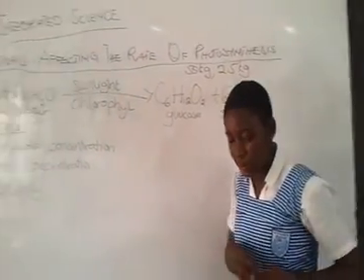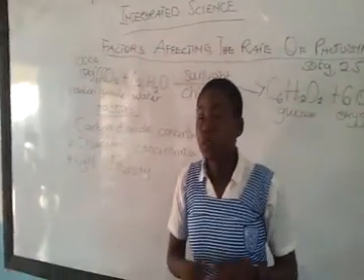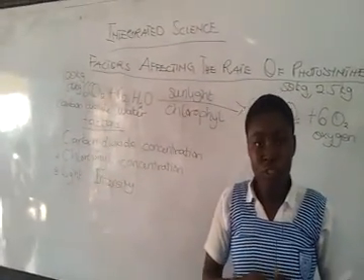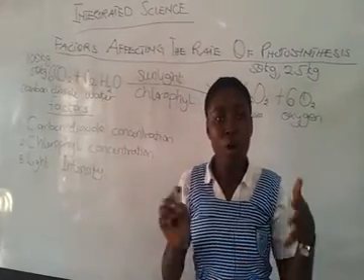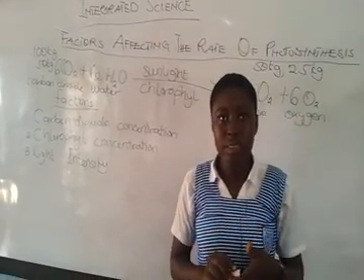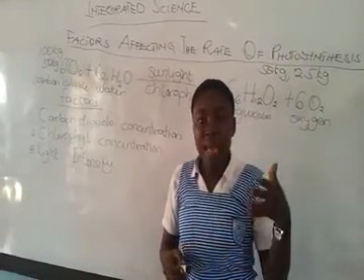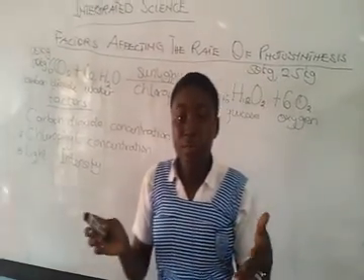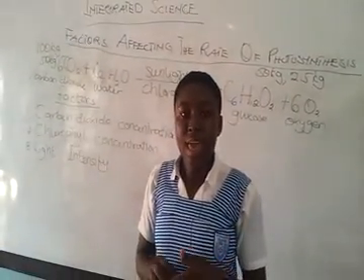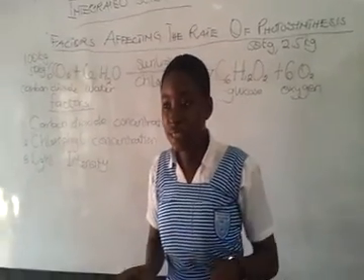Now, considering carbon dioxide concentration too, an increase in the carbon dioxide concentration does not always affect the rate of photosynthesis. This is because when there is high carbon dioxide concentration, photosynthesis ceases, and the rate remains constant.